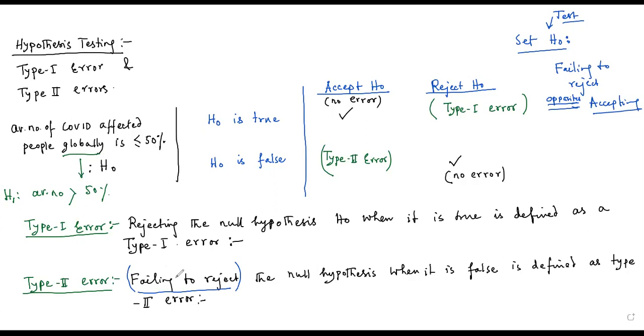Whenever a person writes accept the null hypothesis when it is false, that means he is determined that he has done something wrong with his data. But whenever a person writes failing to reject the null hypothesis, that means some sort of doubt is in mind.